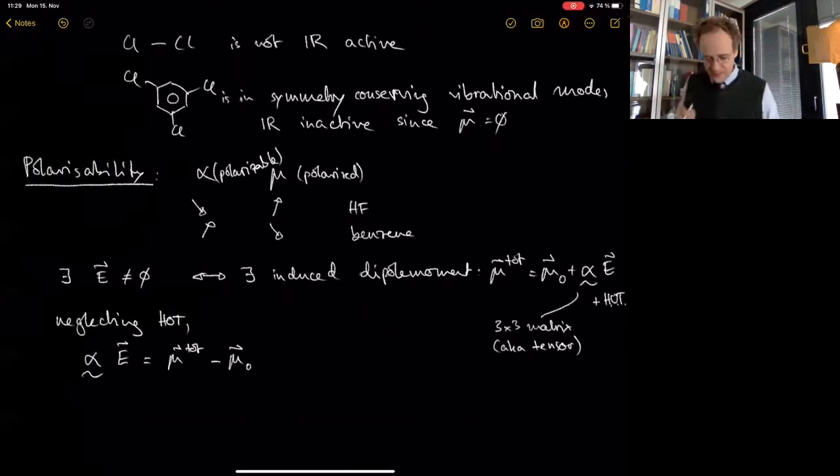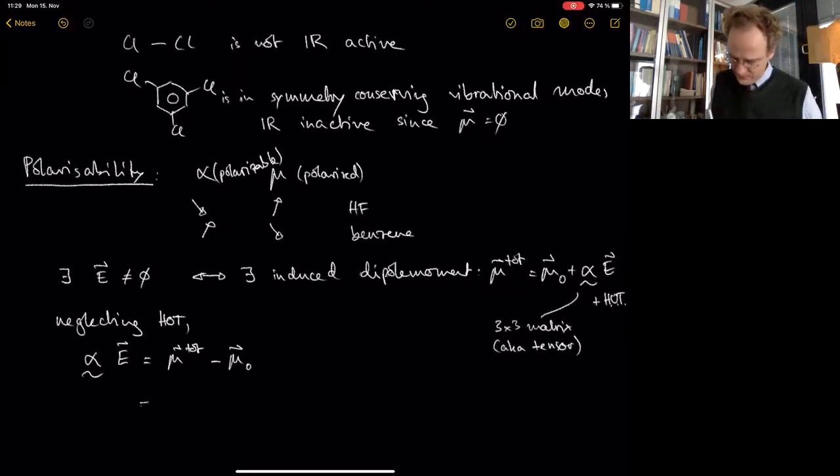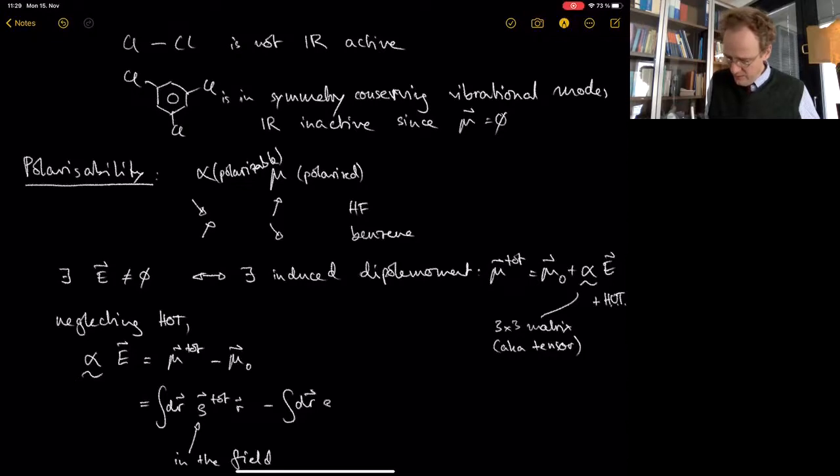Now that's a trivial rearrangement, you might say, but if we write this out, the definition for the dipole moment is the integral of your total electron density, that is, the electron density in the field, times r, minus the integral of your unperturbed electron density times r. Sorry, electron density is a scalar.